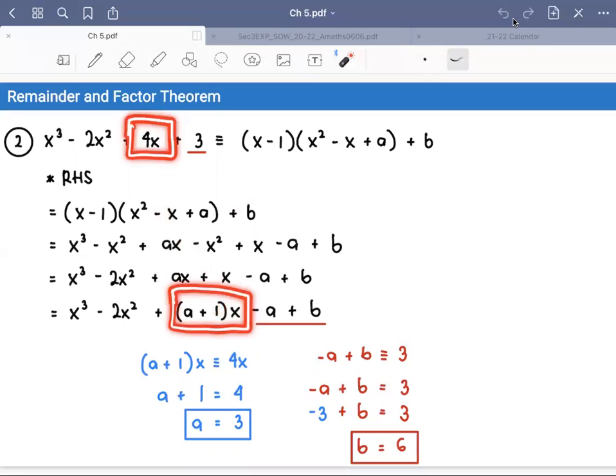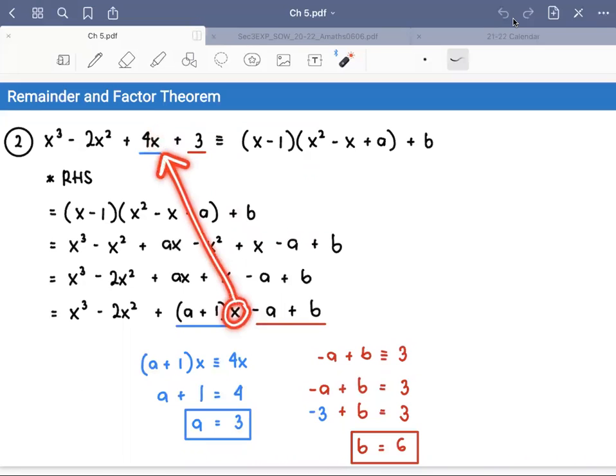Any questions, class, on how I compare these two? What's your indicator that they are similar to one another? Of course, it's the x term. Since this is x, this is equal to this also. That's how you look for the similar variable. You compare their coefficients with the similar variable.